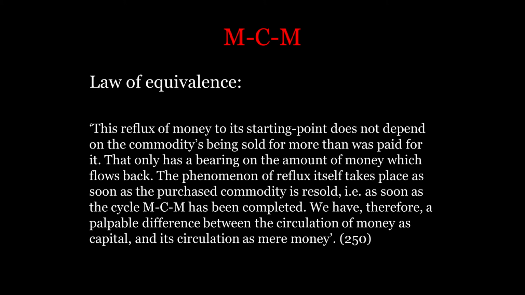When I buy a commodity, he's saying, according to this law of equivalence, I'm paying exactly what it is worth. So it's not that the seller sells me his commodity at a higher price than it is worth. I'm paying exactly its equivalent value. And this is an idealized way of market relations that Marx is assuming.